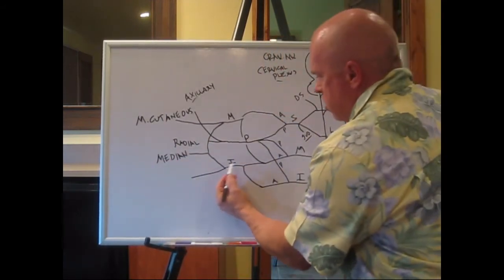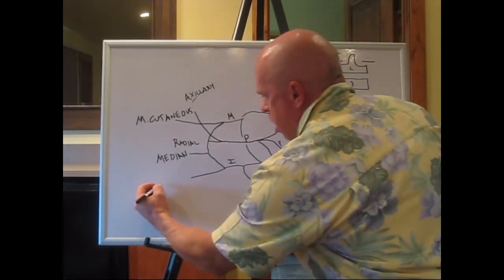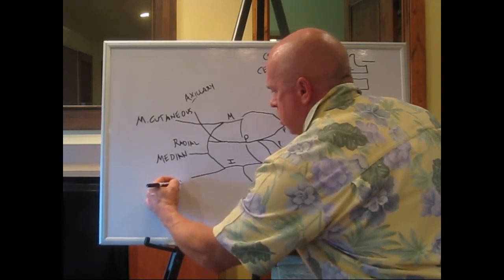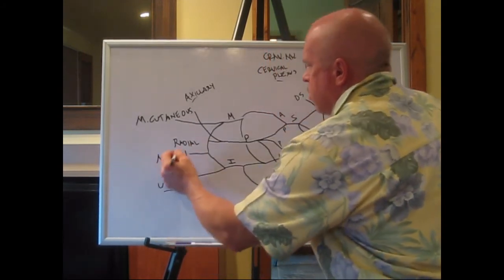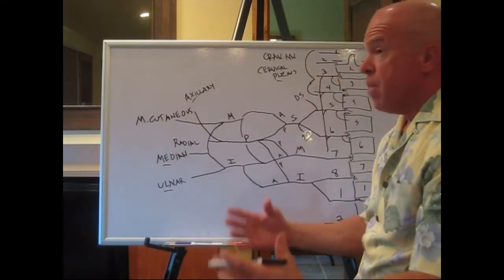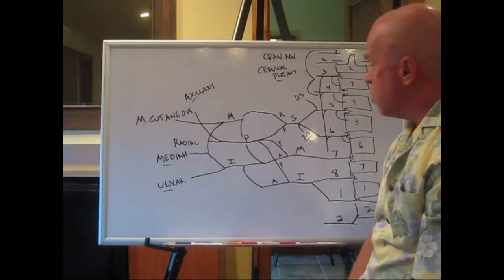While another branch of the inferior cord continues along uninterrupted and unjoined to become the ulnar nerve. So these are the 5 major named peripheral nerves of the upper extremity.